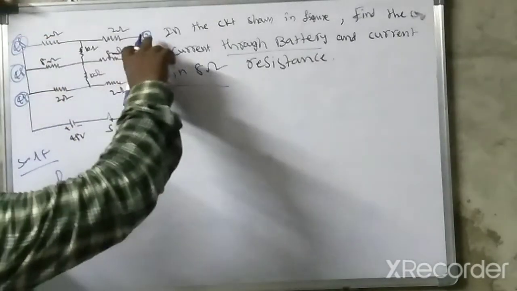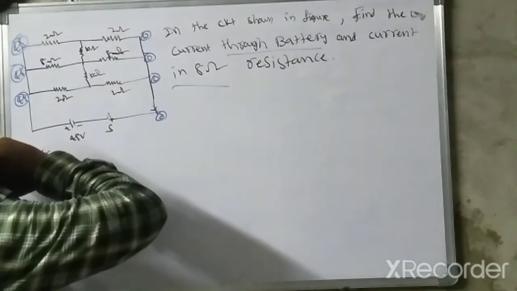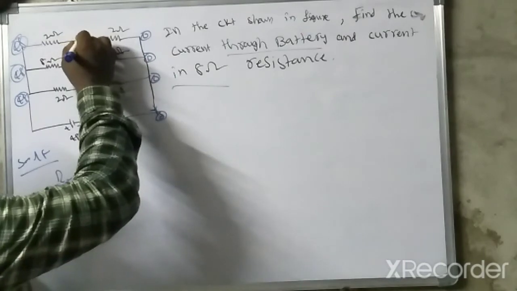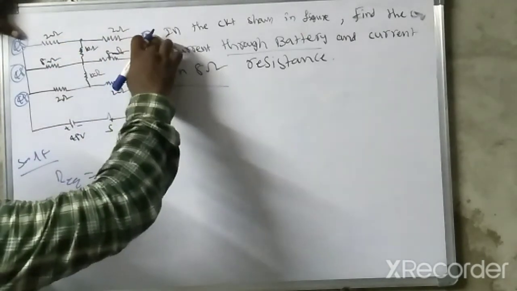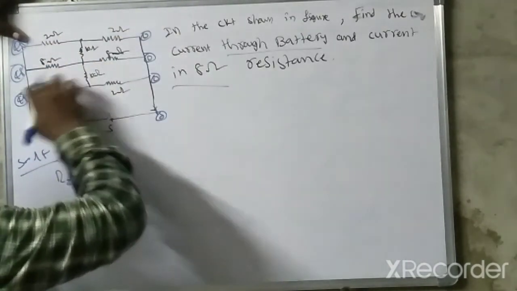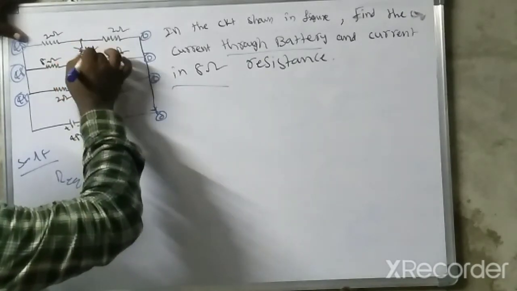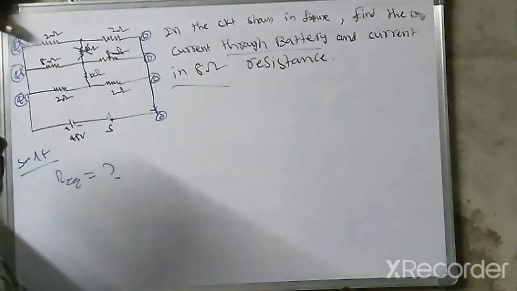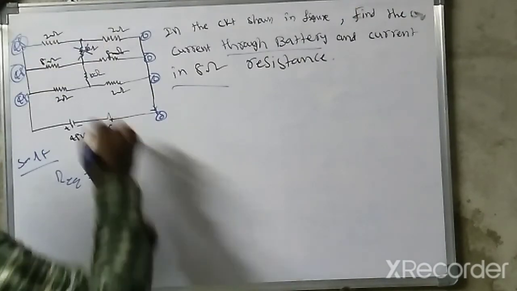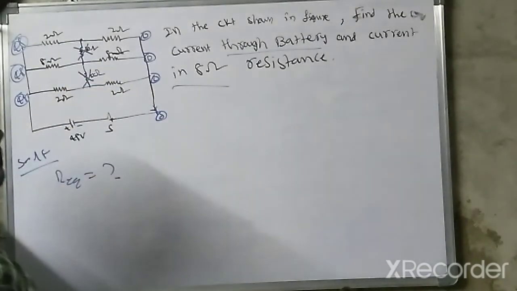So the potentials are the same across this, so you may remove this middle one. This one looks like a bridge balancing case, and this one also is a bridge balancing case.